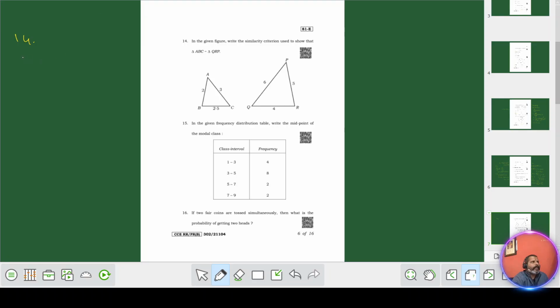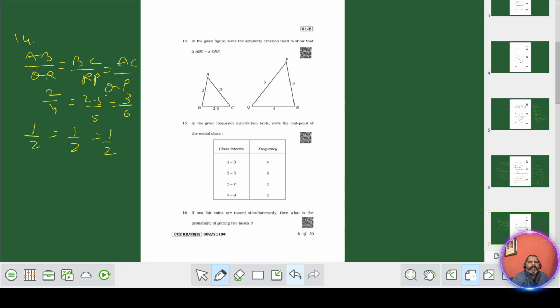ABC and QRP. Here we get AB by QR equal to BC by RP equal to AC by QP, which is 1 by 2, 1 by 2, 1 by 2. If you check, 2 by 4, 2.5 by 5, 3 by 6, that is 1 by 2, 1 by 2, 1 by 2.